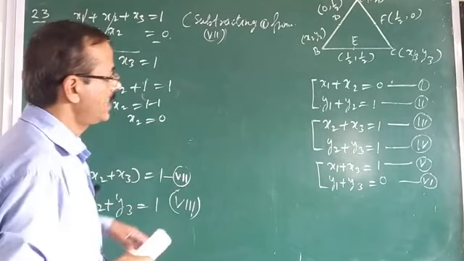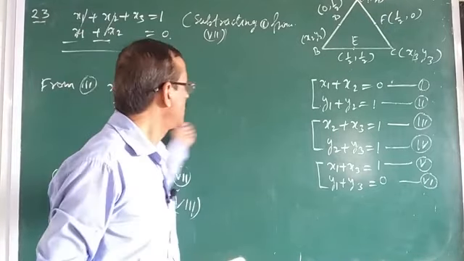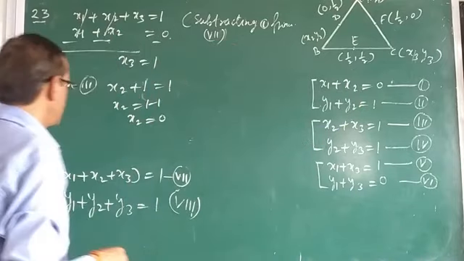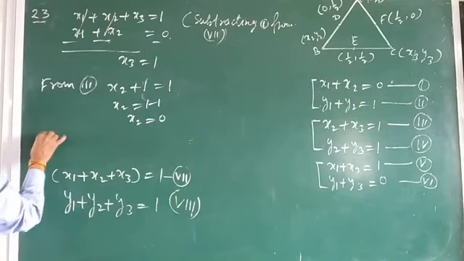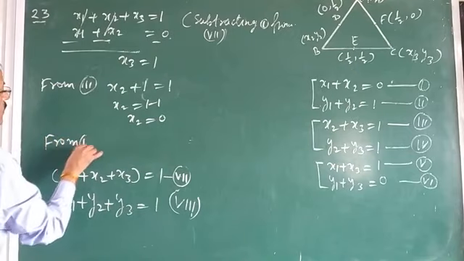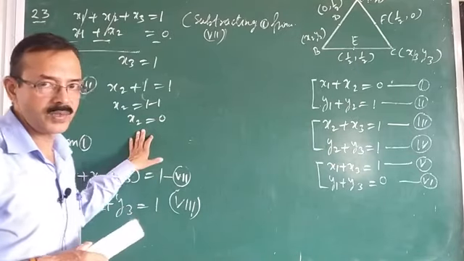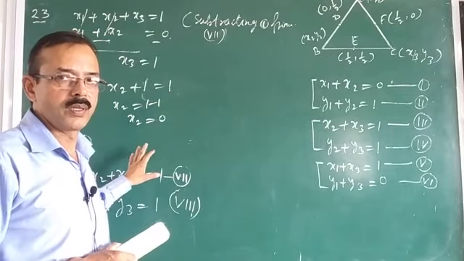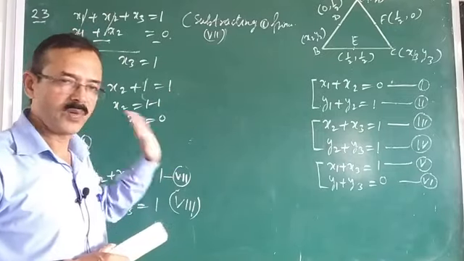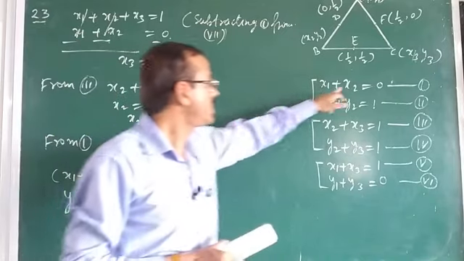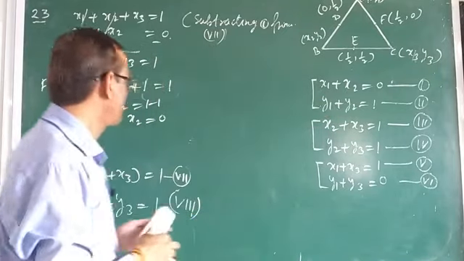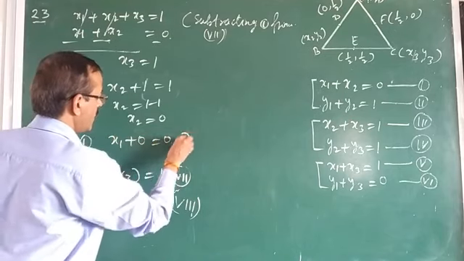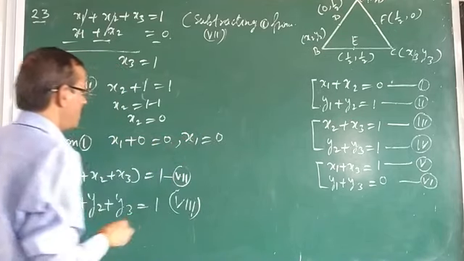Now x1 is remaining. x2 came 0, so substitute this x2 in the first. Student, this question is a little lengthy, don't worry, go through it step by step and it will be clear. So from the first, x1 plus 0 is equal to 0, we found that x1 is equal to 0.